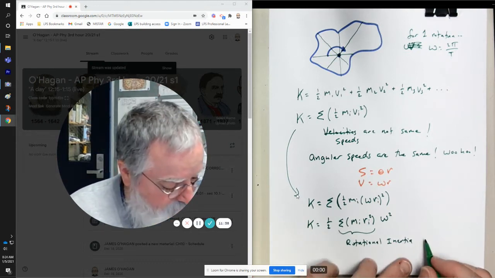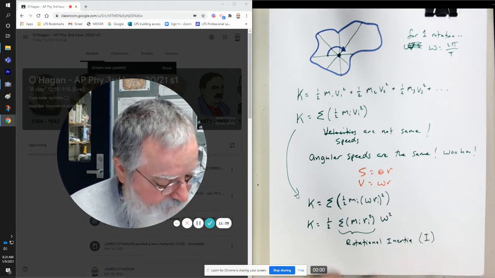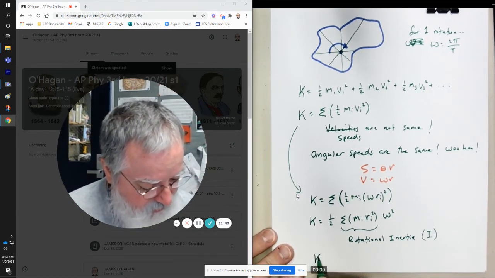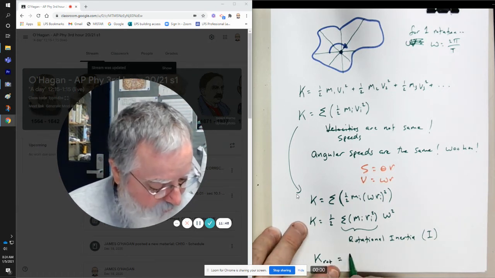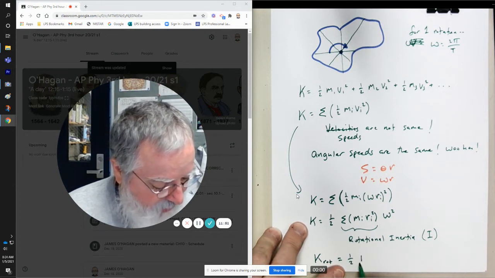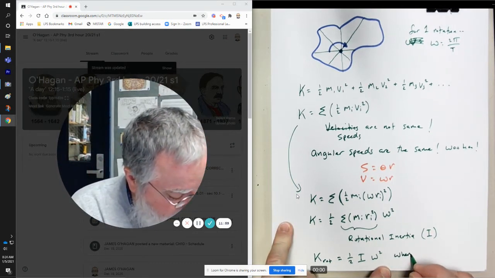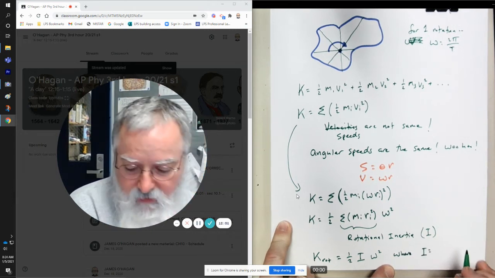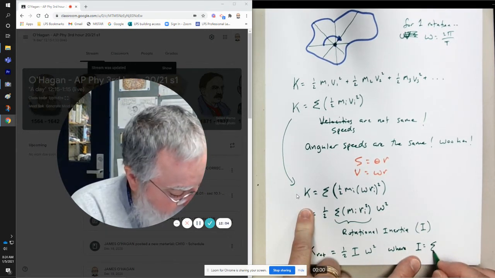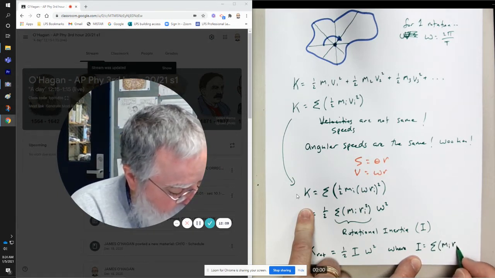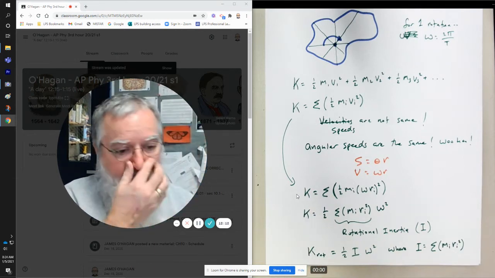And rotational inertia is a capital I. So I can rewrite this equation as the kinetic energy of rotation, I'll even put a little subscript there so we know exactly what we're talking about, equals 1/2 I omega squared, where I equals the summation of m_i r_i squared.